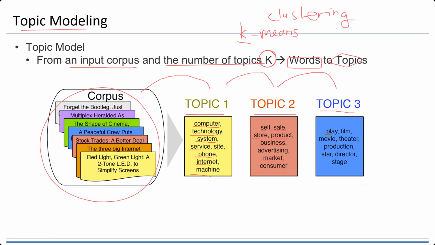Topic number 3 is related to play, film, movie, theater, production, star, director, and stage. So we can figure out more. Topic number 1 is more related to technology. Topic number 2 is related to company or marketing. Topic number 3 is related to movies. Something like that.